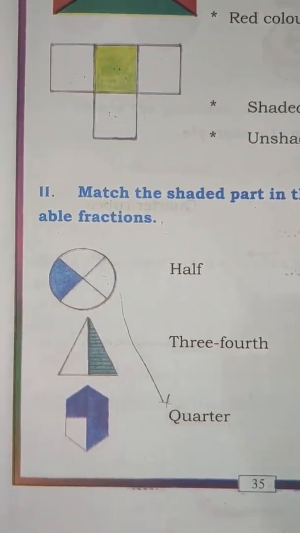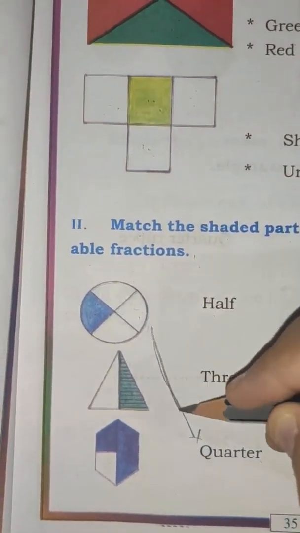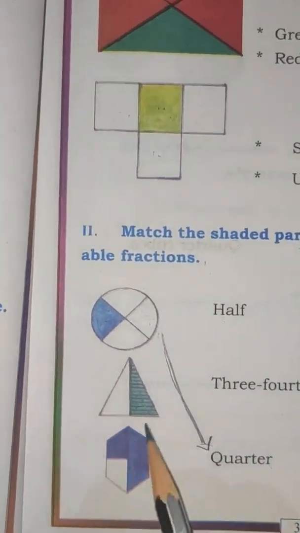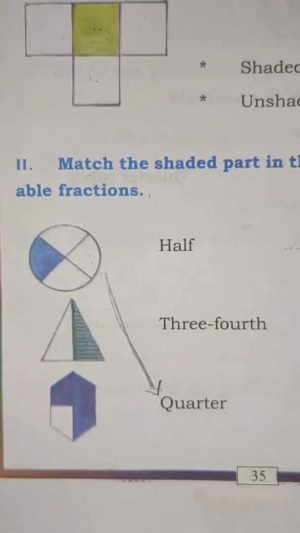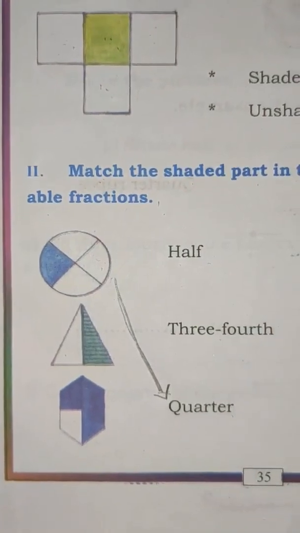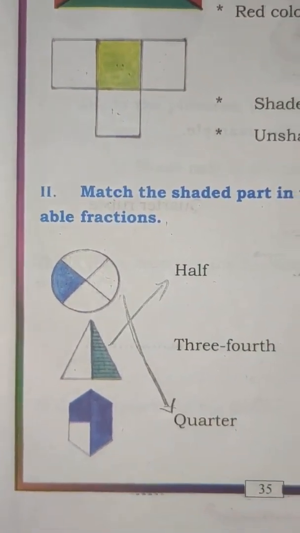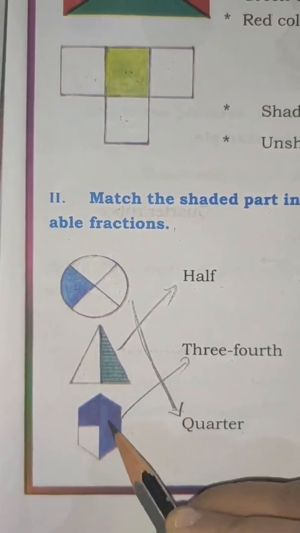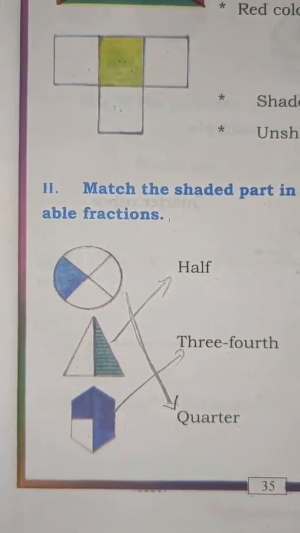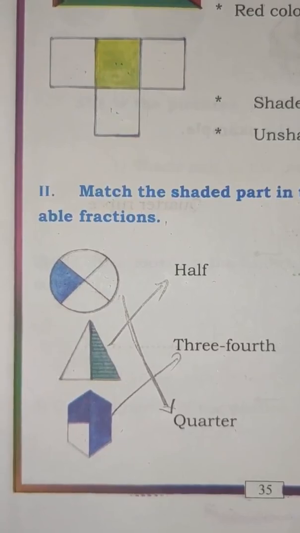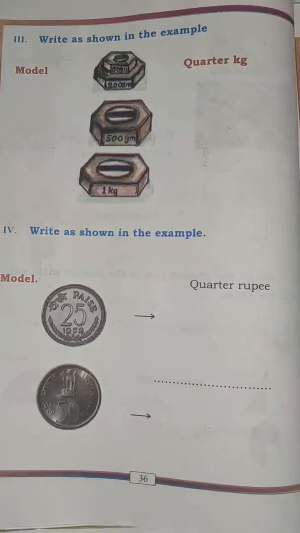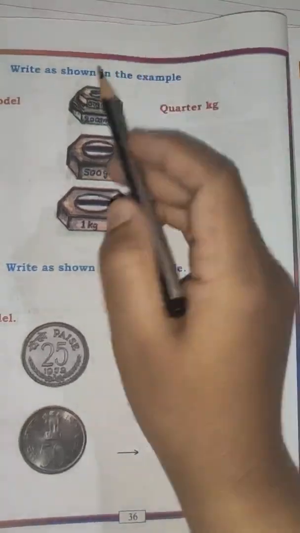So by taking a scale, you just put a line here. Next, this one, is it half or 3/4? Very good. It's half. Next, this one is 3/4 because 3 parts are shaded and one part is unshaded. Very good. Children, come to page number 36.